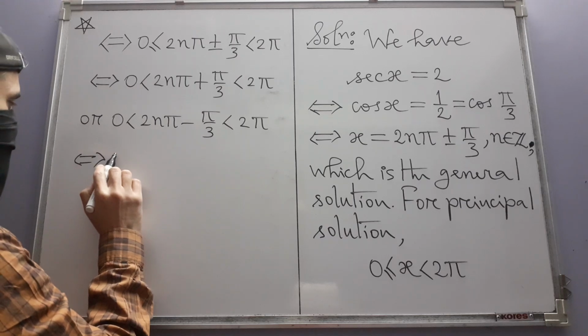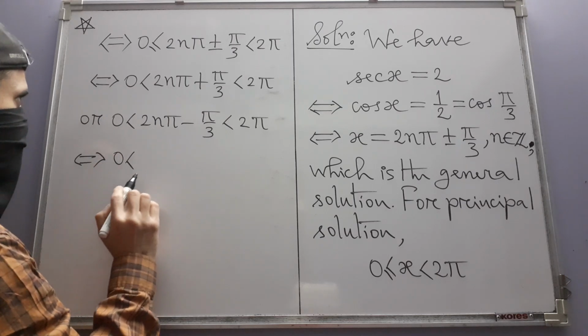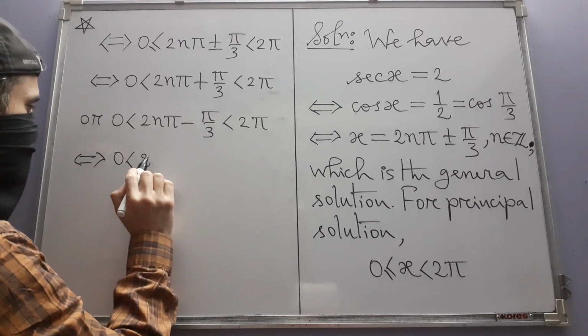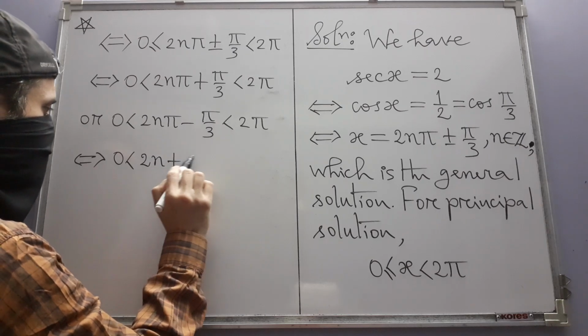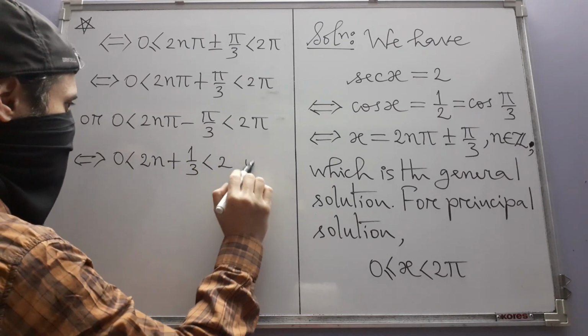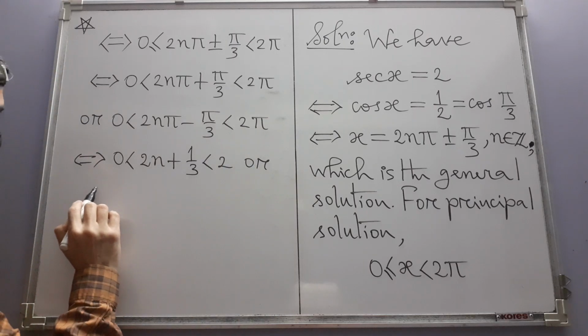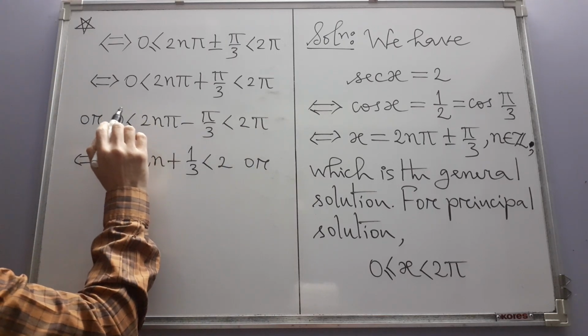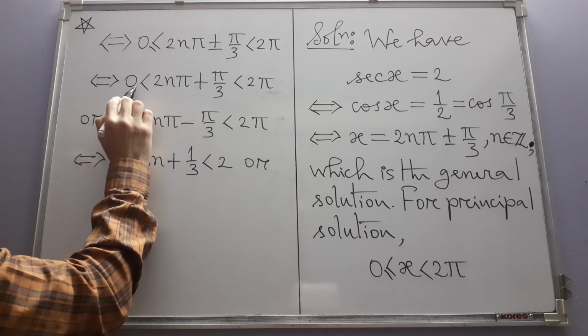Divide by pi, that gives you 2n plus 1 over 3 less than 2, or, see, I have already made a mistake.